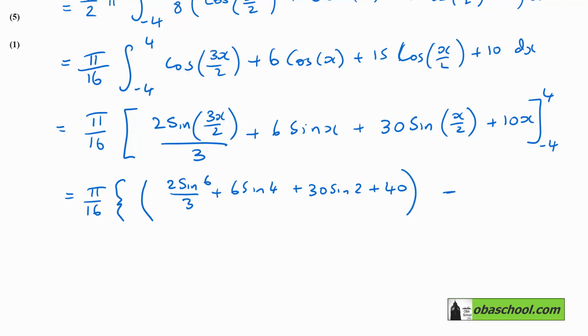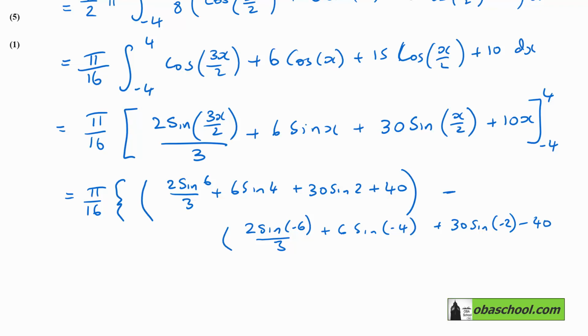And then with the bottom limit, we get 2 sine -6 over 3 plus 6 sine -4 plus 30 sine -2, take away 40.